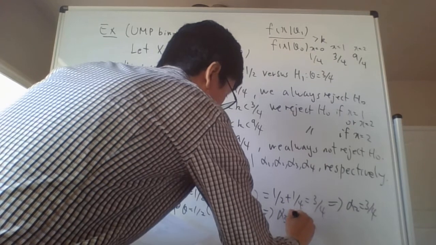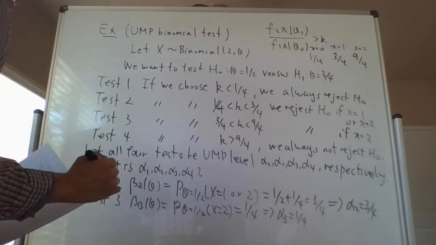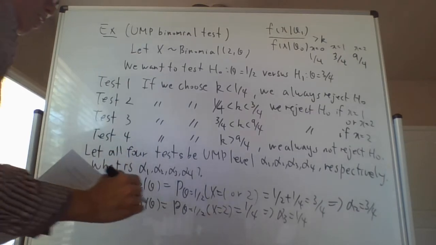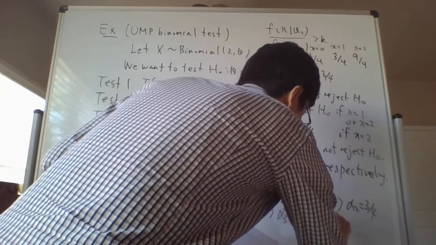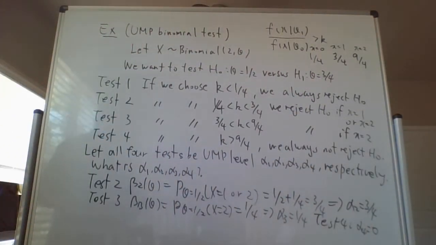Alpha 3 is equal to 1/4. And test 4, since we never reject, alpha 4 is equal to 0. So we can find the levels for the UMP tests.